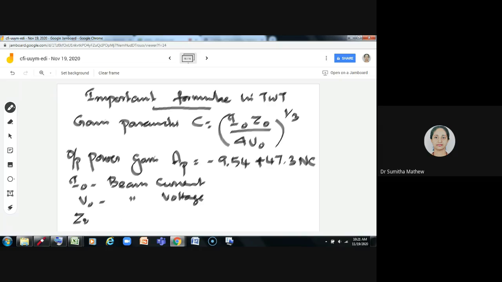Z naught is the characteristic impedance of the helix. N is equal to L by lambda E, which is the circuit length, and beta E is the phase constant.